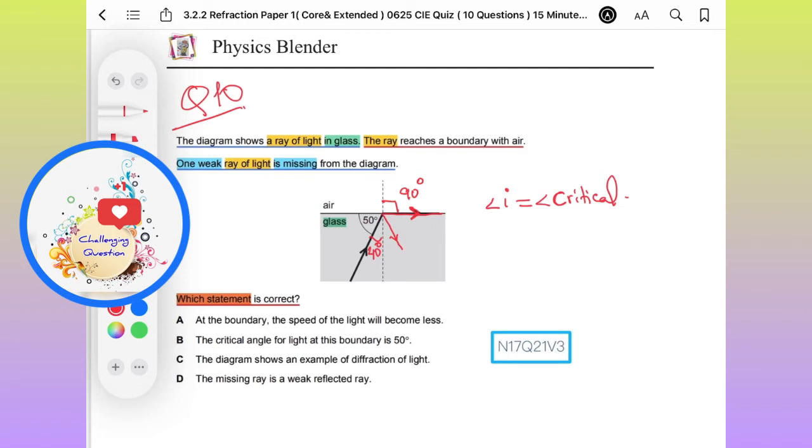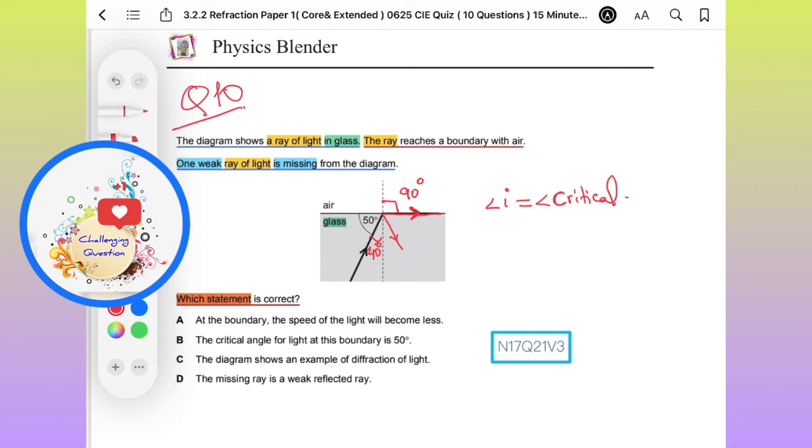Which statement is correct? Let's discuss all of them. At the boundary, the speed of light will become less. No, here the light ray travels from glass to air. As it's trying to emerge in air, the speed will be more, because the speed of light in air is the maximum speed in all media.